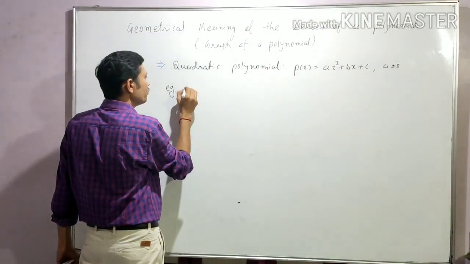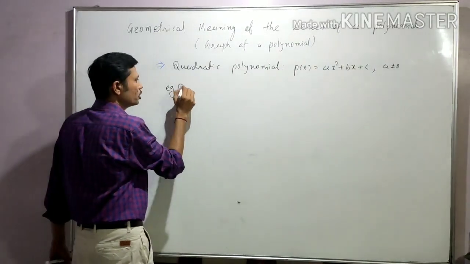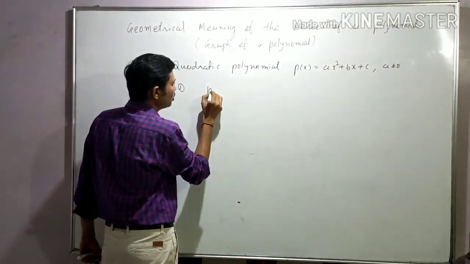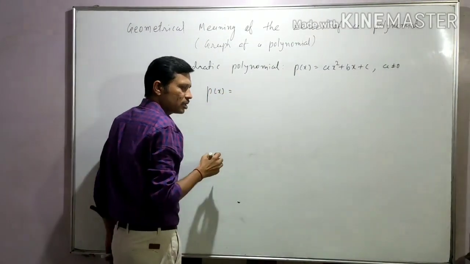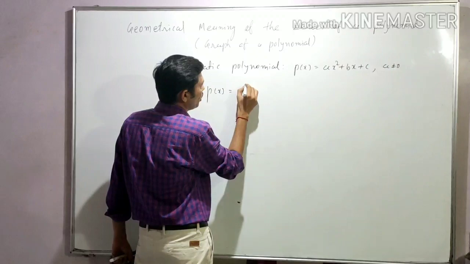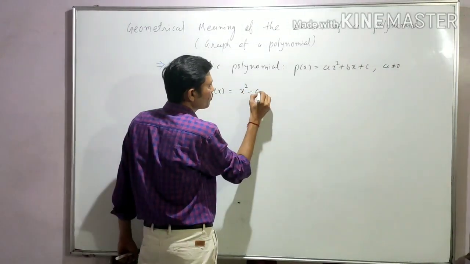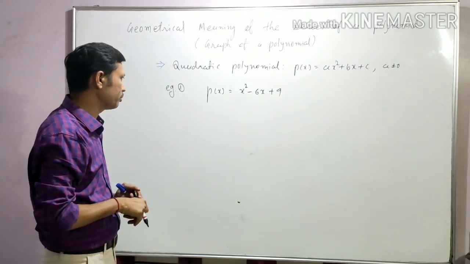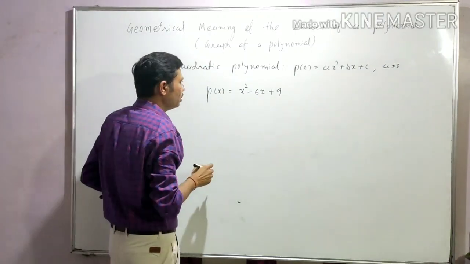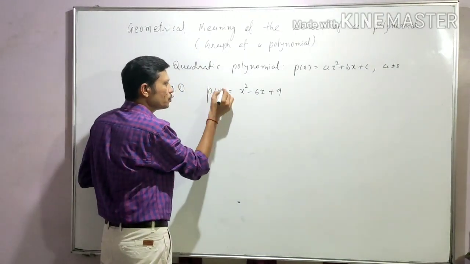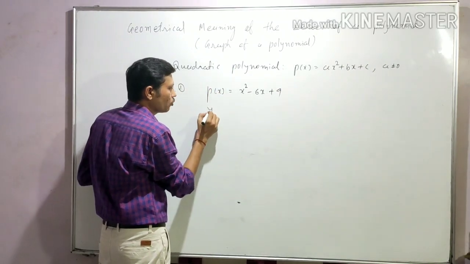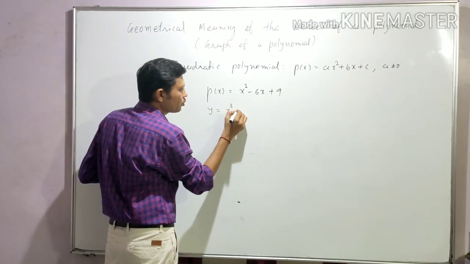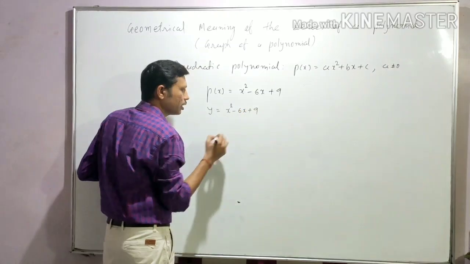Suppose I take one graph for this quadratic polynomial. For the polynomial P of x is equal to x square minus 6x plus 9, suppose I am taking this one. Now, obviously, this P of x we will consider as y. So y is equal to x square minus 6x plus 9.